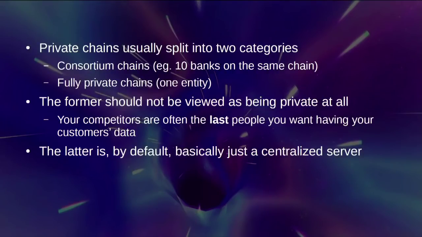So the former really should not be viewed as giving you privacy, because it's like, okay, so instead of putting your data onto a platform where everyone can see it, you're putting your data and your customers' data onto a platform where only your 10 biggest and closest competitors can see it. You're supposed to laugh. And the latter by default is basically just a centralized server, right?